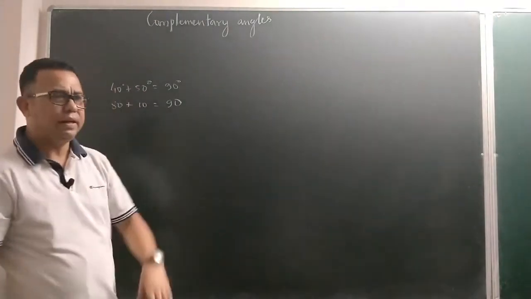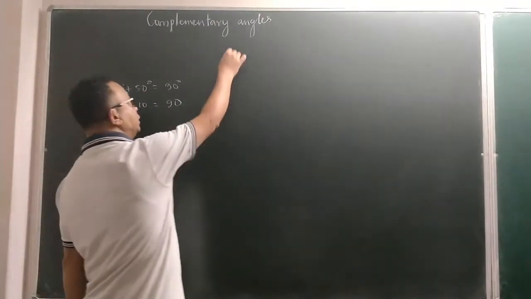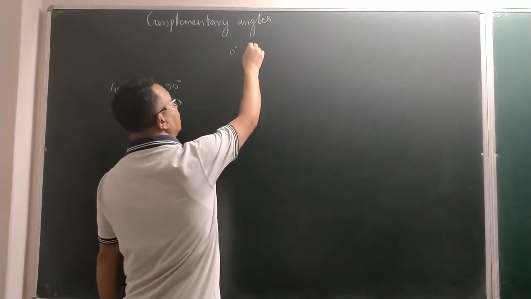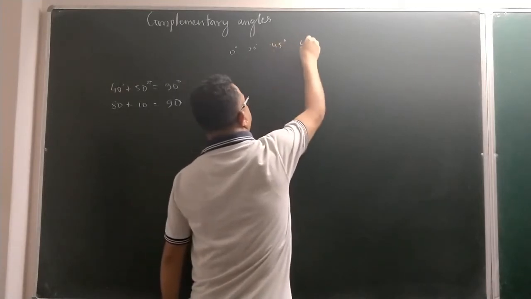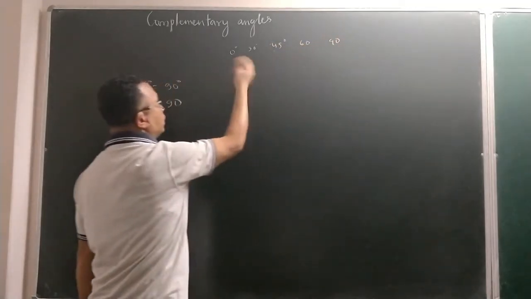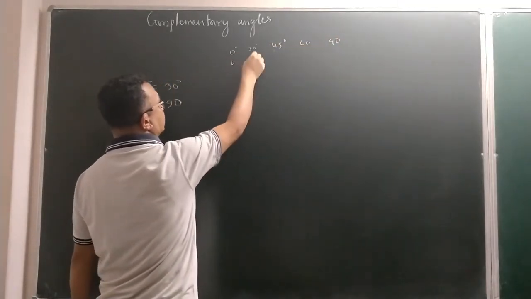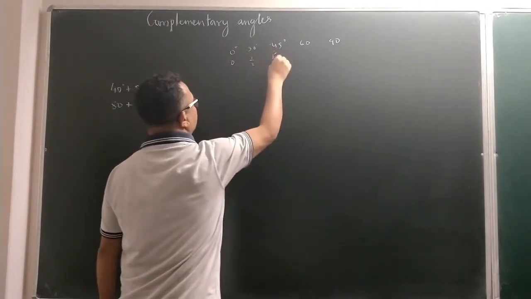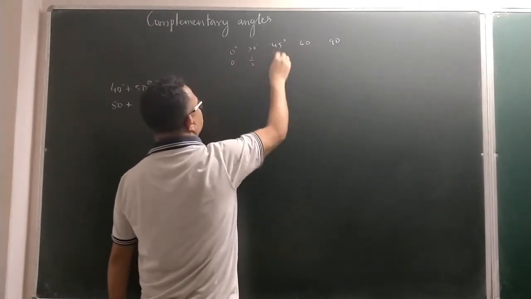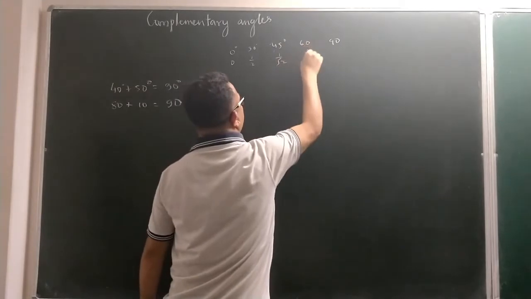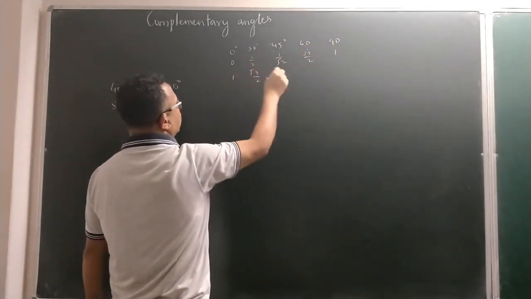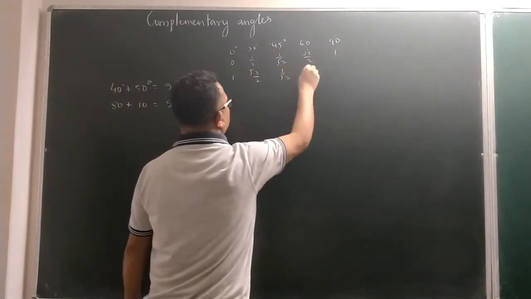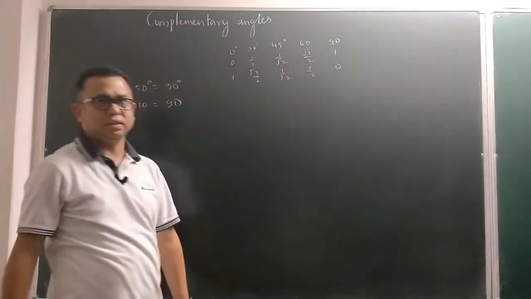Just to give you an idea, you know the values for 0 degree, 30 degree, 45 degree, 60 degree and 90 degree. For sine, it is 0, half, 1 by root 2, root 3 by 2, 1, and for cos, it is 1, root 3 by 2, 1 by root 2, 1 by 2, 0. Just to show you a relationship.